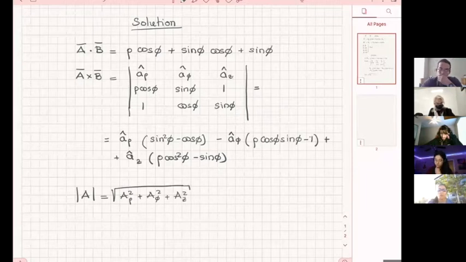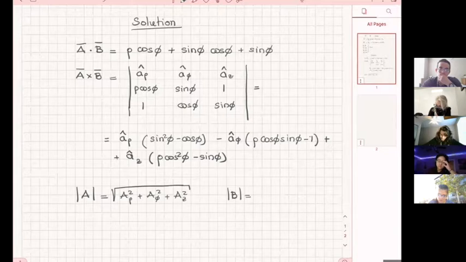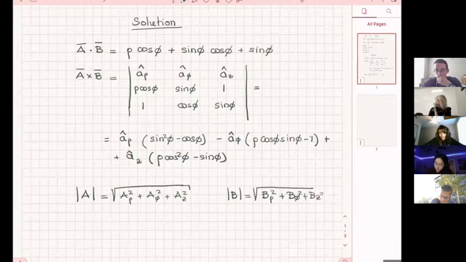And I have given you this, all right? And the magnitude of B equals what? B sub rho squared plus B sub phi squared plus B sub Z squared. So I know them, even if it's a function of phi, I know what they are. For every phi, I can find them. For every rho, I can find them.